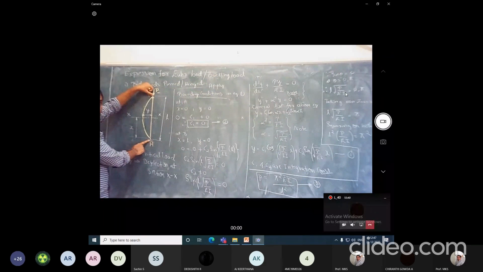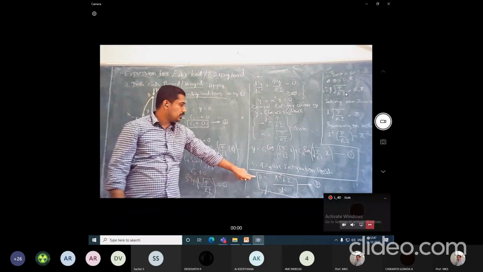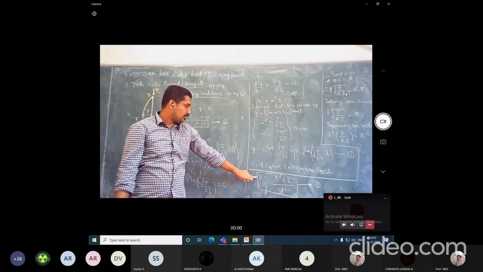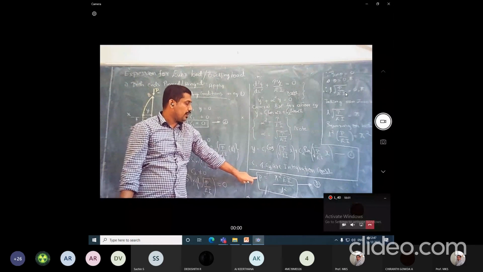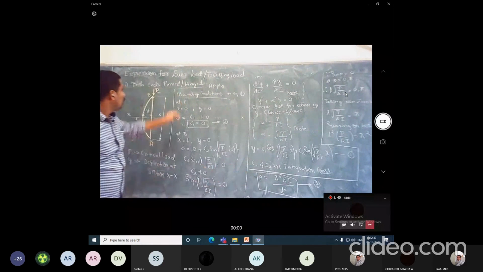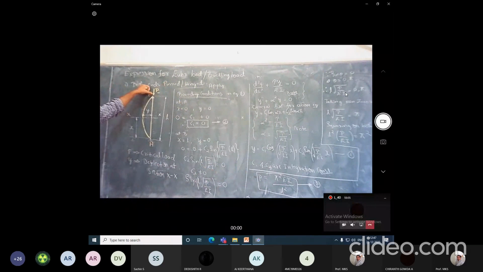This equation 3 is the expression for the Euler load or buckling load whenever both the ends are hinged or supported. You need to remember this equation, because you may be asked to derive the expression for Euler load or buckling load for a column with both ends hinged or pinned.